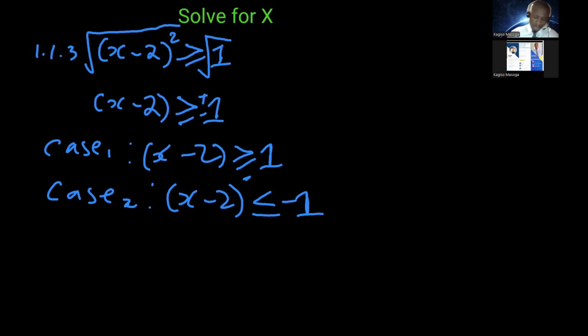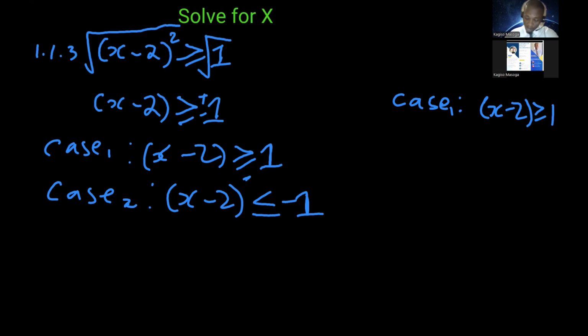Now we need to solve for x in each case. Let's start with case 1. We have x minus 2 greater than or equal to 1.